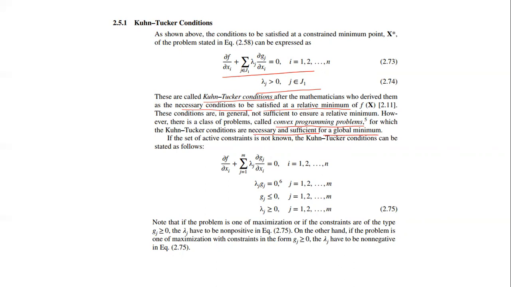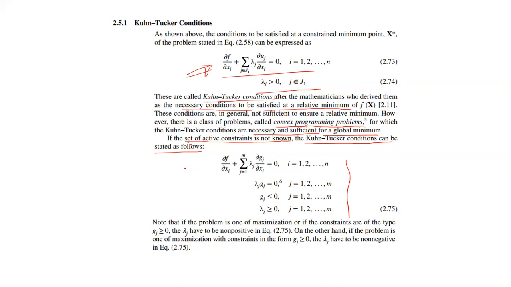So now we can apply this formula once we know the active constraints. If the set of active constraints is not known, we have to go with a general approach. Basically, we have to test all of them, and whichever one is suitable and satisfies the condition, we have to apply that.